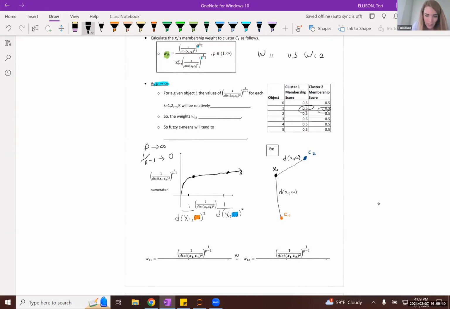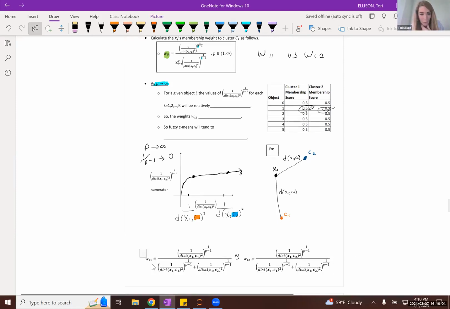They're going to be approximately equal to each other. And so then what we end up doing in order to force our WIK matrix to have rows that sum to 1 is we end up normalizing by the sum of these row values, essentially. So basically, we're normalizing by the same thing for W11 and W12. So the W11 and the W12 values also end up being approximately equal to each other.